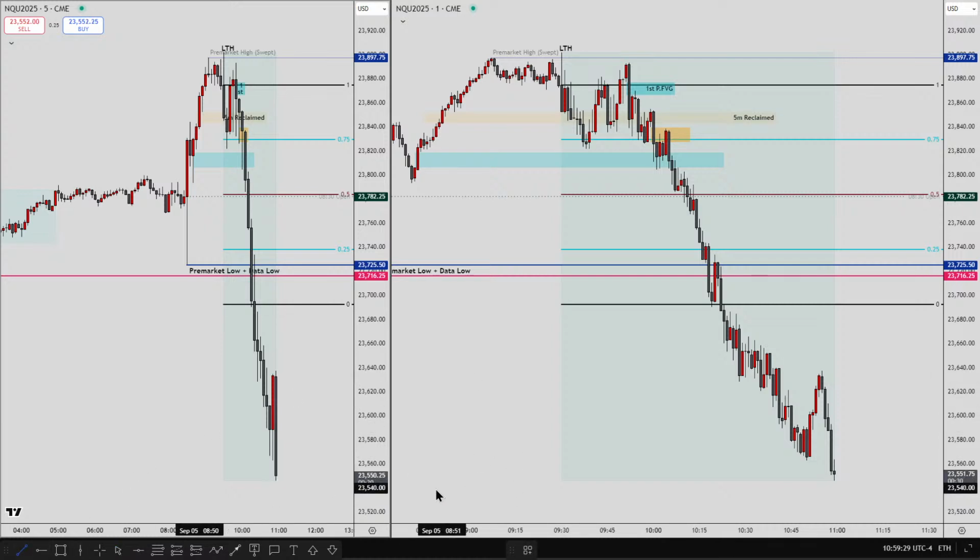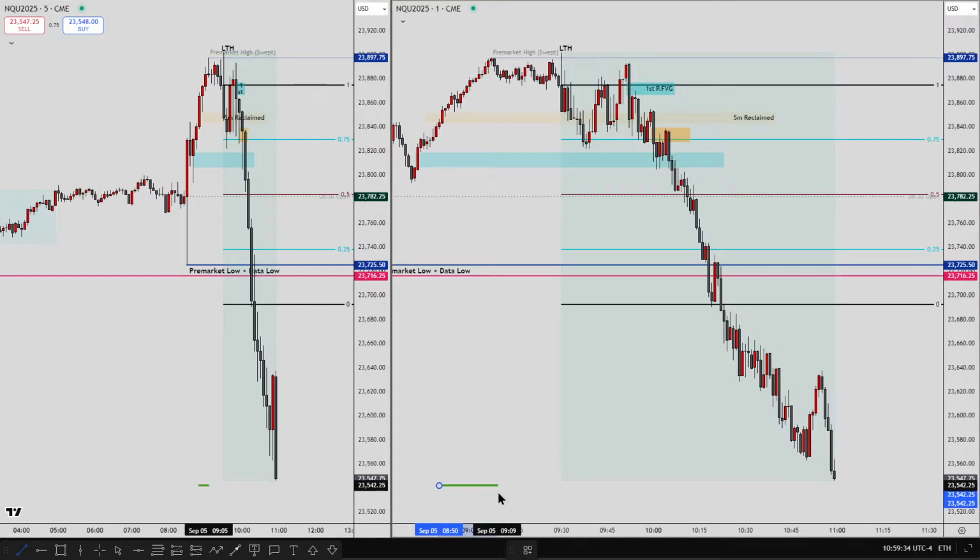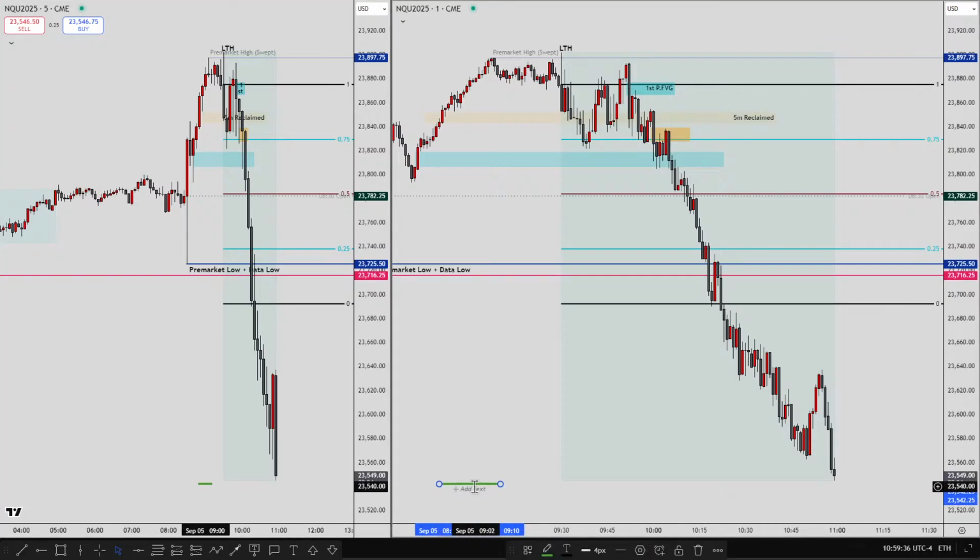So 8:50 to 9:10 is a macro that you would have used today because there was a news event, and then so is 9:50 to 10:10. So is 10:50 to 11:10. So it's just very simple. 10 minutes before the hour, so 50 past or 10 to, and then 10 minutes after the hour.